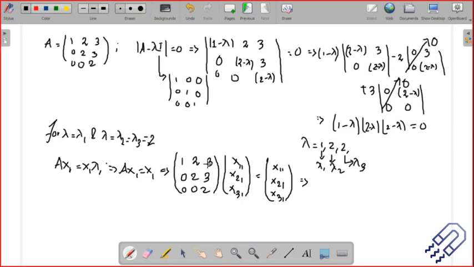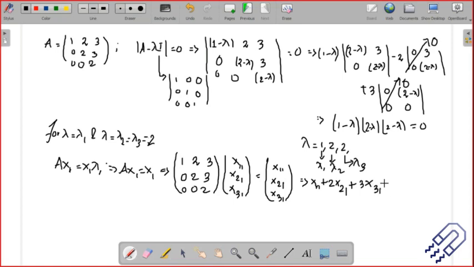So first row of this, the first column of this is how we multiply these vectors, in matrix form. If you take this 1 into x11 is x11, and then plus 2x21, plus 3 times x3.